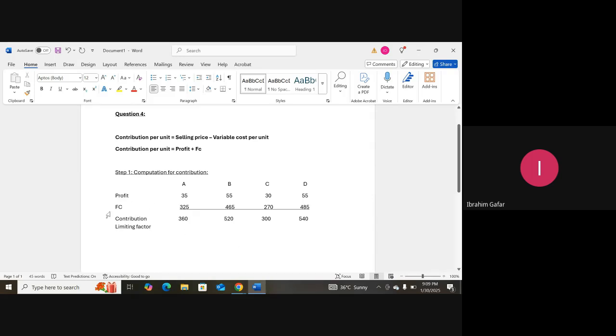So now our limiting factor is the component.